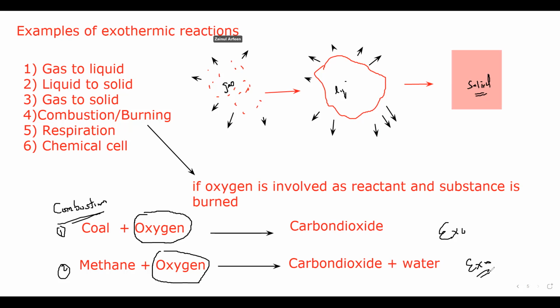Respiration: when we use glucose and oxygen to produce carbon dioxide and water, the opposite of photosynthesis, it will be exothermic. So now I want everyone to participate and identify whether these reactions are endothermic or exothermic.